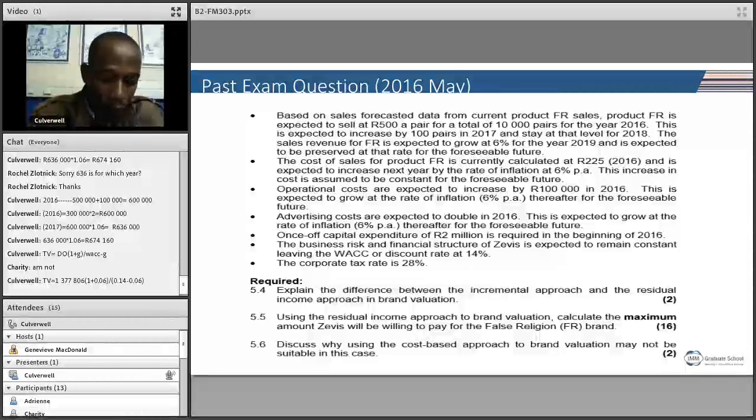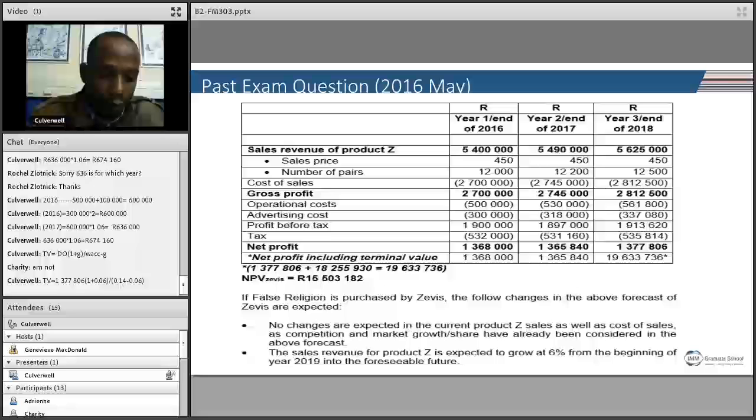1,377,806 times 1.06, divided by 0.14 minus 0.06. You are going to get, as indicated on the question paper itself, the terminal value. Can you see where they highlighted just underneath the table on the question itself?